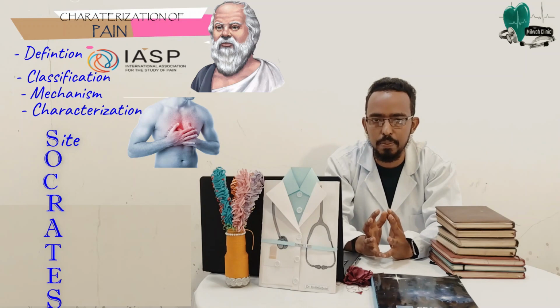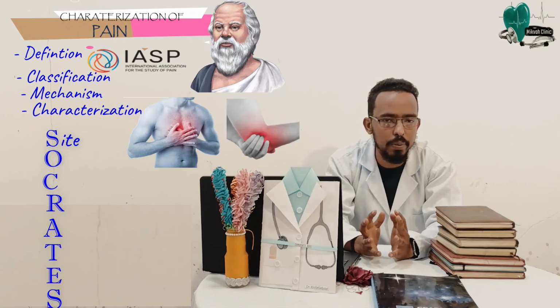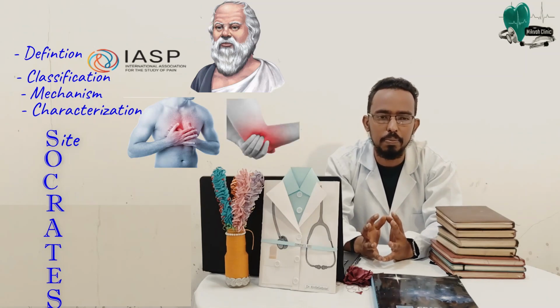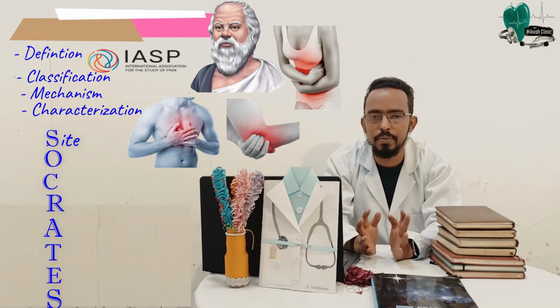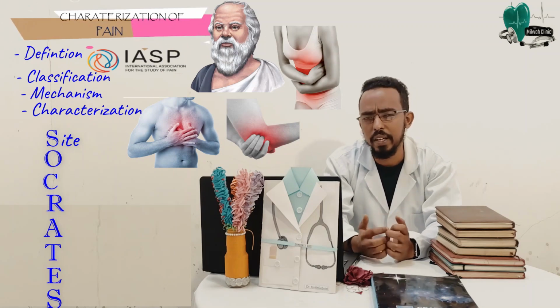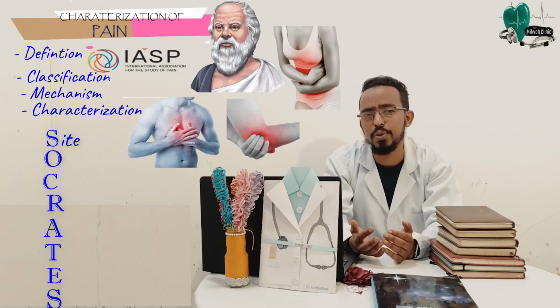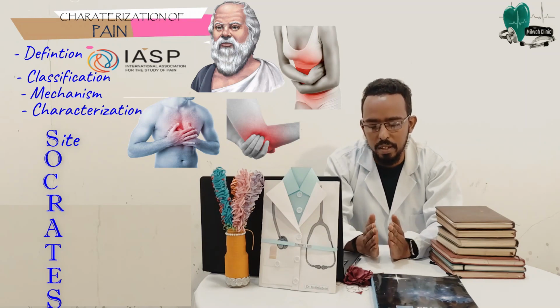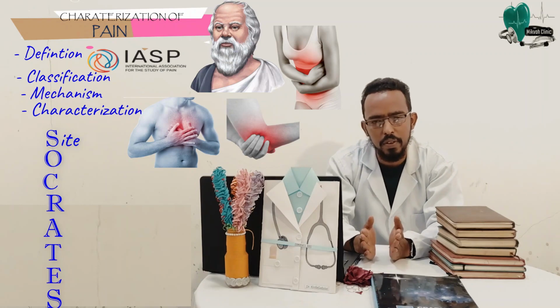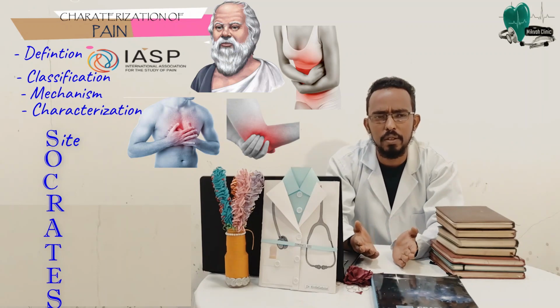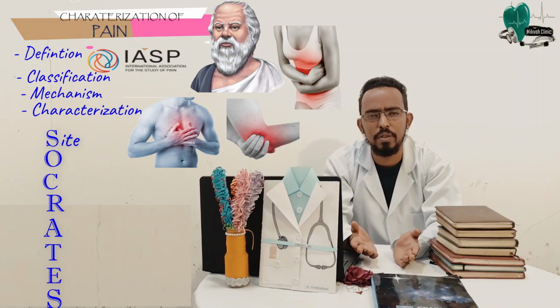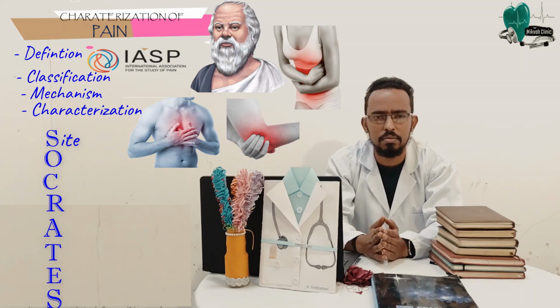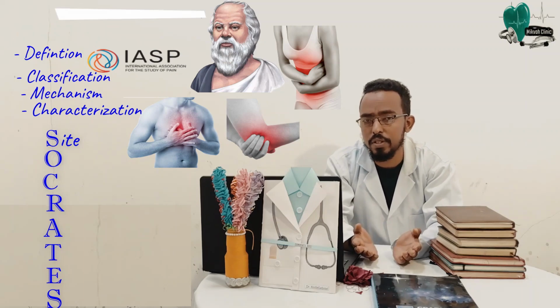Usually these types of pain are referred to other parts of our body based on the dermatomal distributions of the body. Usually it's what we call referred pain. The third one is neuropathic pain, which results from injury to either the peripheral nervous system or the central nervous system. So when there is nerve injury, the patient will experience neuropathic types of pain.